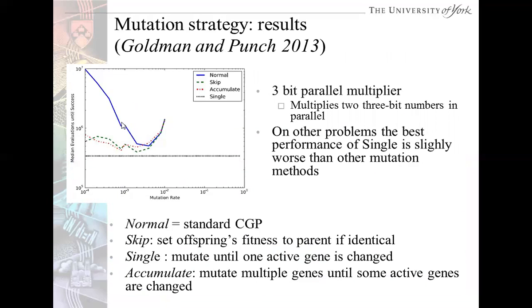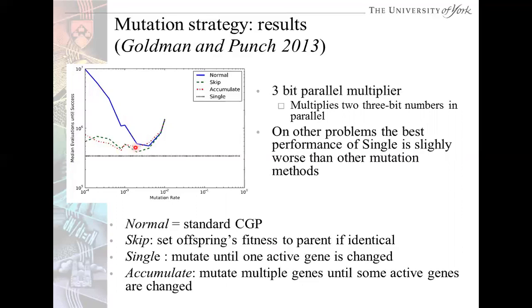This graph shows the results of an experiment done by Goldman and Punch in their paper in 2013. On the y-axis, we see the median number of evaluations until success. On the x-axis, we see different mutation rates. What's being plotted here is how the median number of evaluations until success varies with mutation rate.